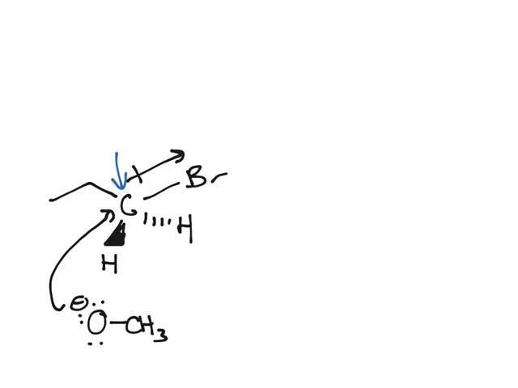When it does that, it binds to that carbon, and this bromine has to leave because the carbon can't have 5 bonds. So the bromine leaves because it's the most stable leaving group. It's the best group that can just leave on its own without binding again to something else. So essentially, the nucleophile, which is the OCH3, pushes out the leaving group.